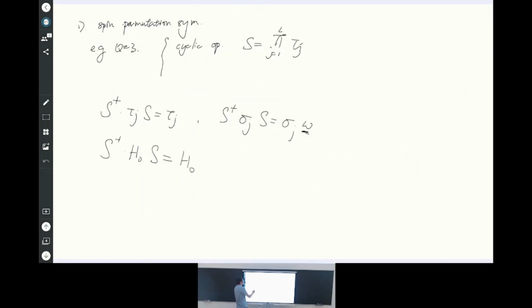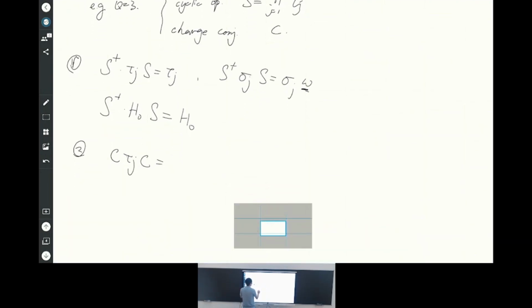And another operation is usually called charge conjugation. We define this as C. When you apply this charge conjugation to the tau operator, it just changes the tau operator to its complex conjugate, same as the sigma matrix.